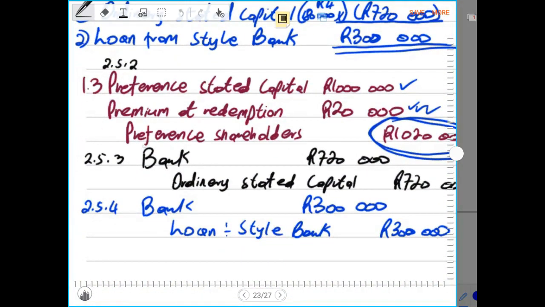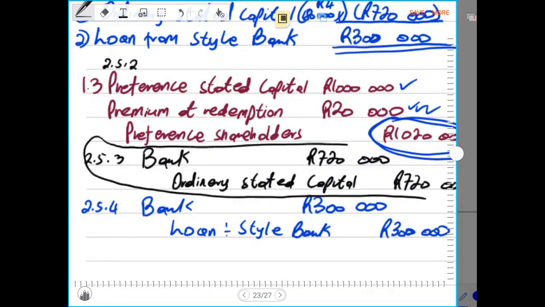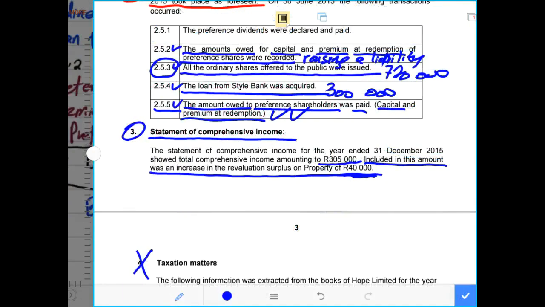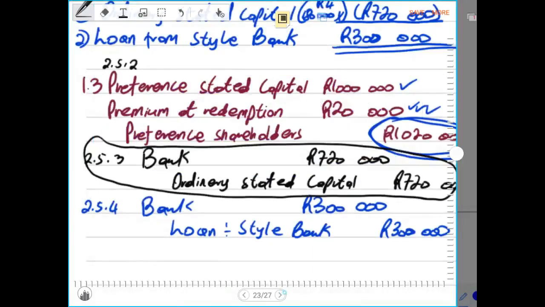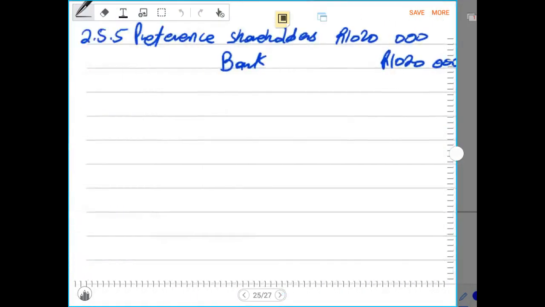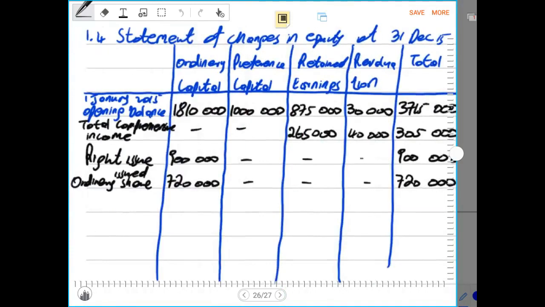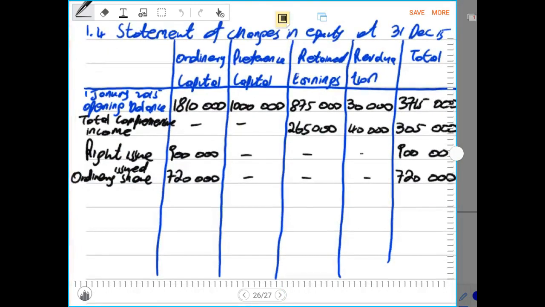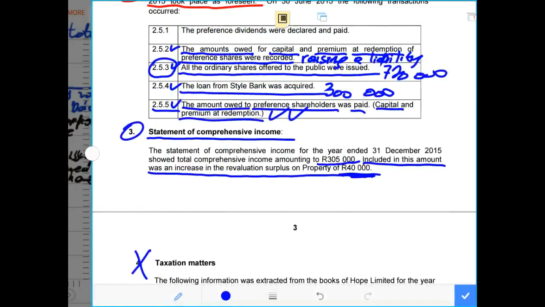We have recorded that under 2.5.3, that was the issue of ordinary shares, or ordinary shares issued because of the financing of the redemption of preference shares. So now that is the one that we record again.